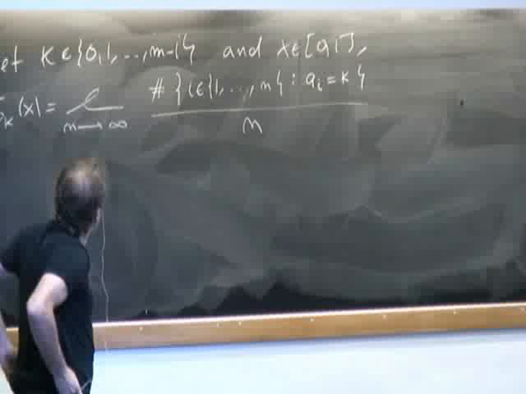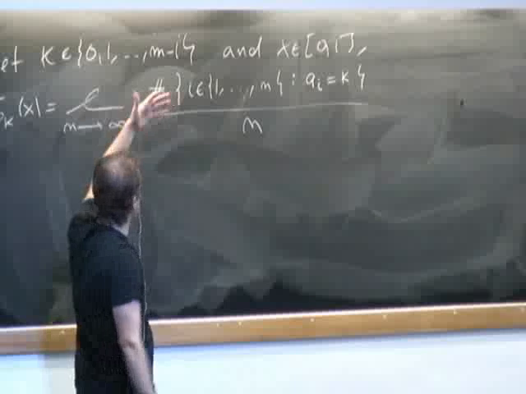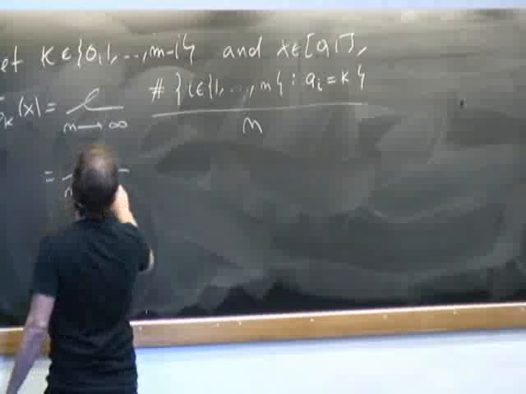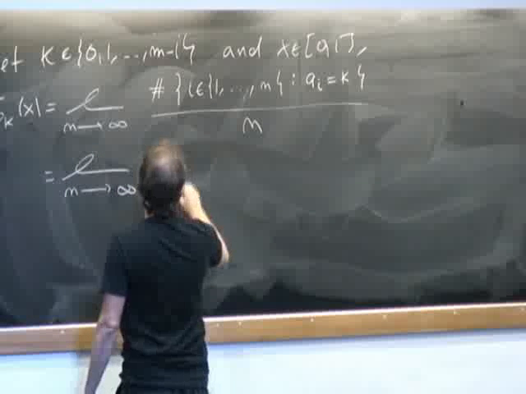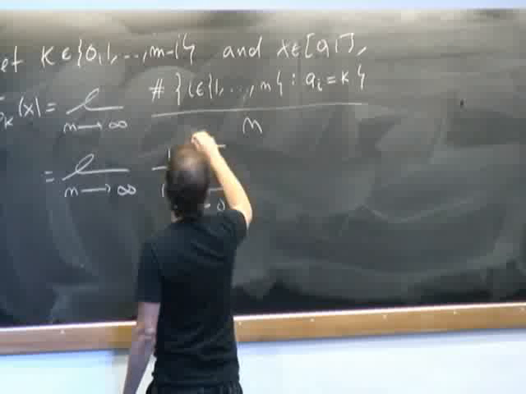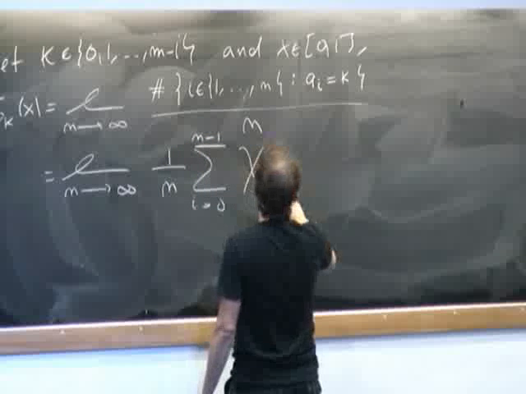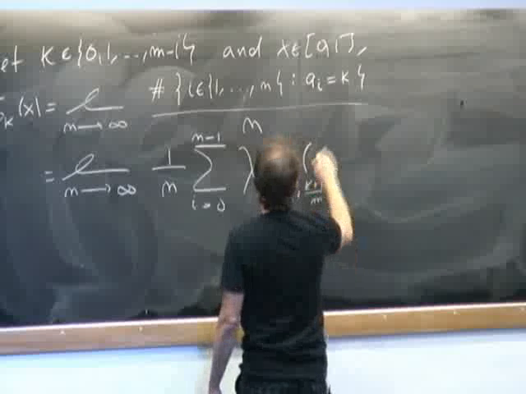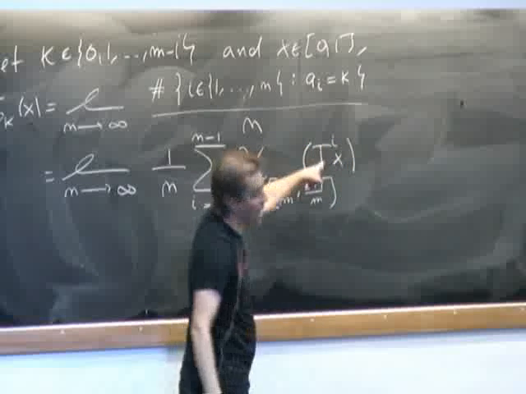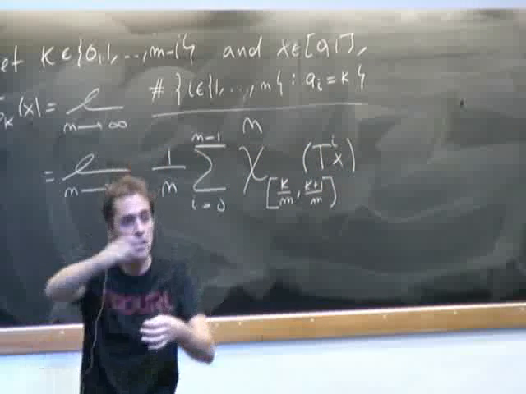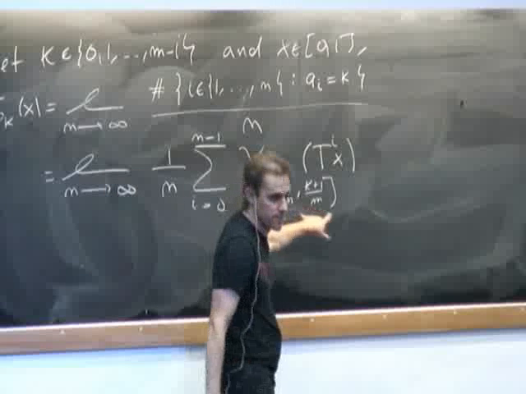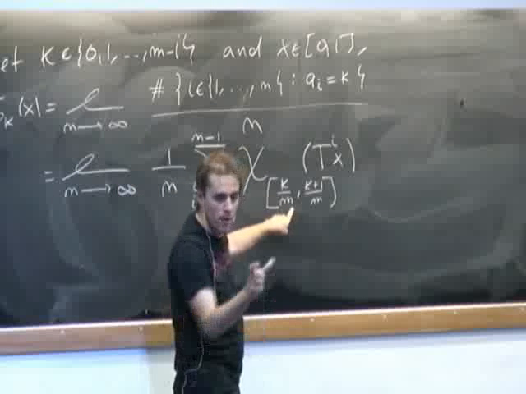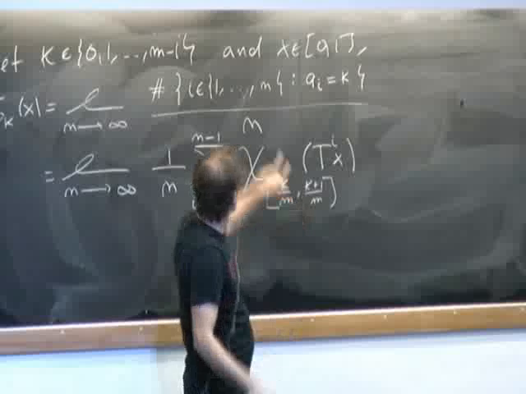So here we can remark that while this is a definition of a dynamical nature, in the light of what we have discussed, this is the same number as the average of the characteristic function of [k/m, (k+1)/m] evaluated at T^i x. So you're counting the exact number of times that the orbit passes through this set. You look at the orbit, count how many times it passes through the set [k/m, (k+1)/m], and that gives you exactly this number.